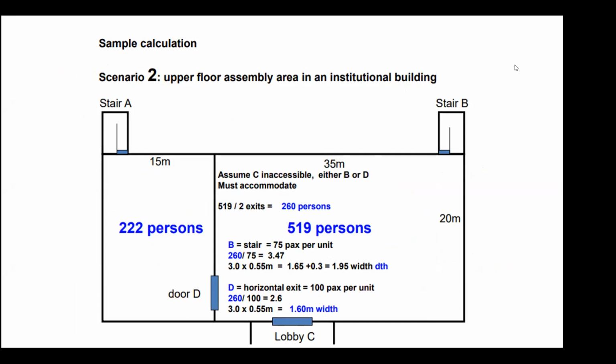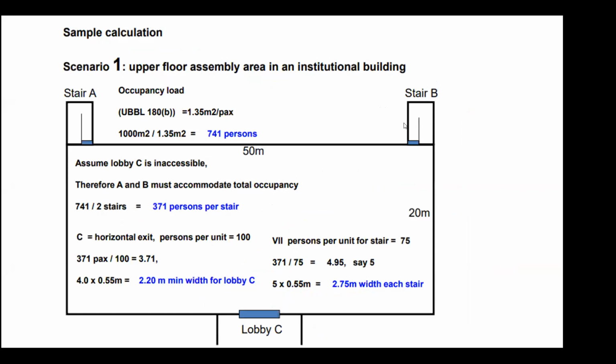So these are the situations. Upper floor, scenario 2, upper floor assembly area in an institutional building. So 50 times 20 just now is only that floor.